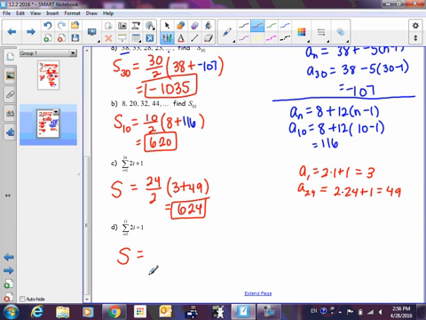Okay, so for part D, if you start at 5 and end at 13, how many numbers is that? This is where most people think, I got this, and this is where they make a mistake, because they go, 13 minus 5 is 8.